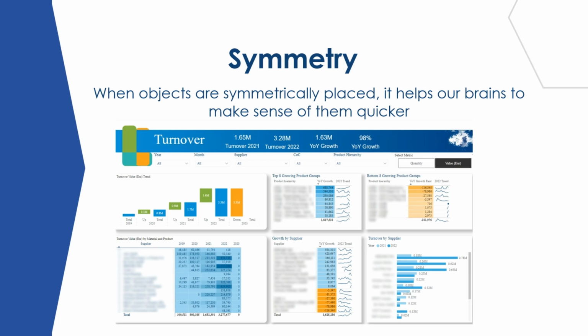If your visuals are not aligned, if they don't have an equal gap between them, then it makes it more difficult for your audience to read the report. So please do not neglect the importance of aligning everything symmetrically.